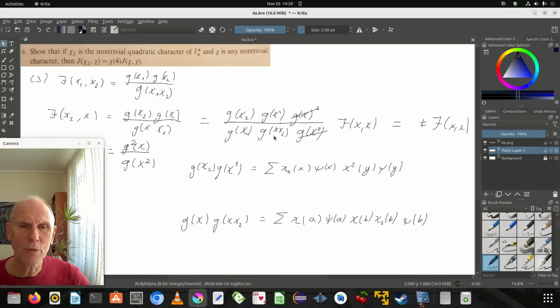One thing that solved the problem for us in the book was that this turned out to be, if it was chi4, the character of exact order 4, then this would be the complex conjugate of chi itself, and that solved the problem.